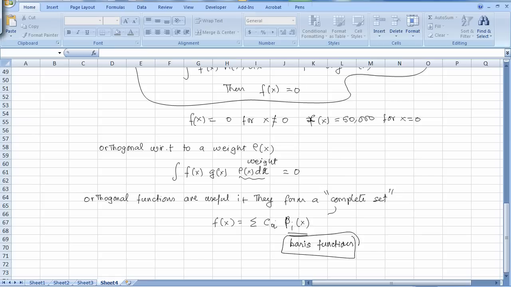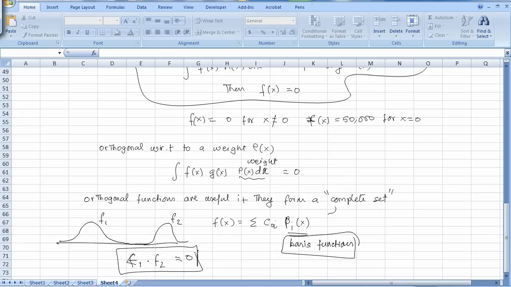Finite element methods, for example, use basis functions that are not completely orthogonal, but most of them are orthogonal. Because, for example, a function that is here is always orthogonal to a function that is there. If f1 is like this and f2 is like that, then f1 dotted with f2 will be automatically 0.